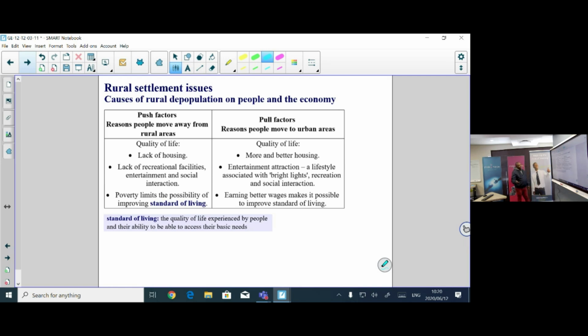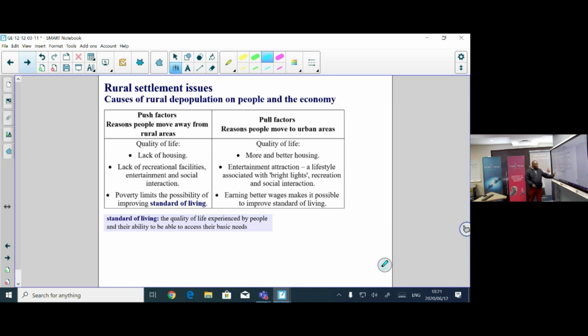Then in the urban areas, we have got more and better housing. We have more entertainment attraction and lifestyle associated with the bright lights, recreation and social interaction. And we have better wages in the cities. So people can actually improve their standard of living.